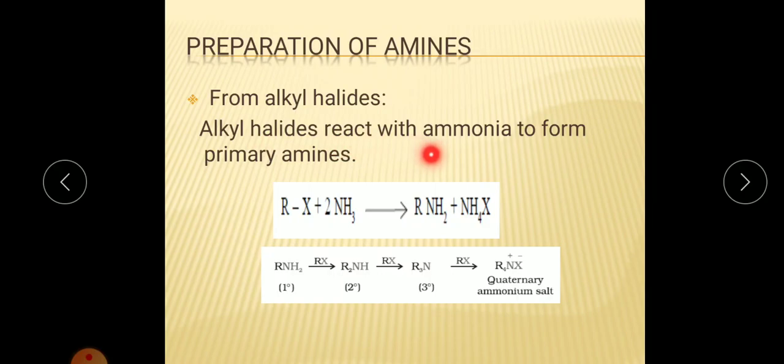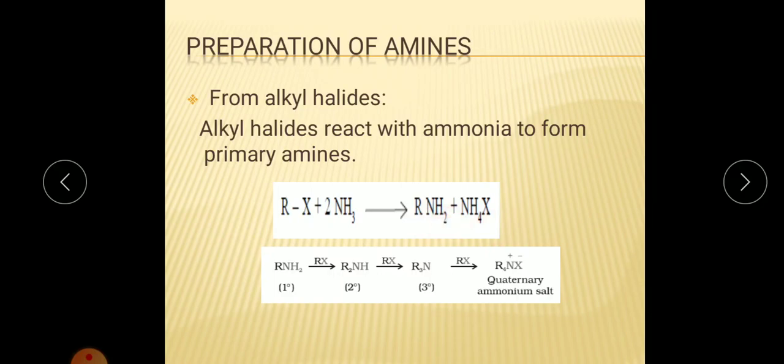Alkyl halides react with ammonia to form primary amines. Say, for example, we take a general equation: RX reacts with ammonia and forms RNH2 plus NH4X. This is a primary amine.